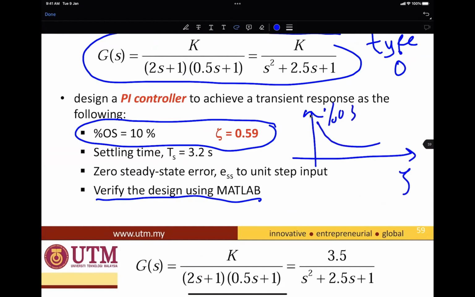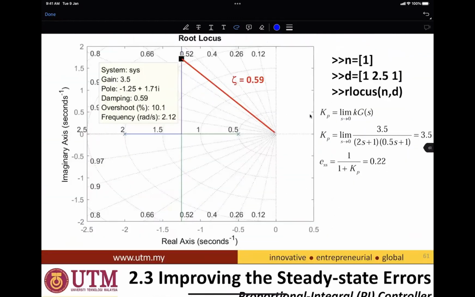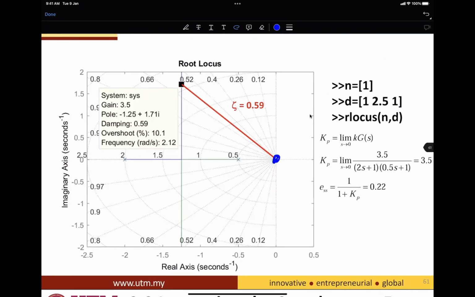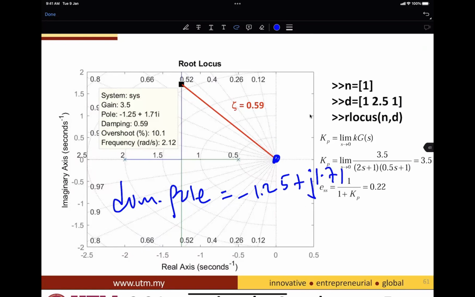So as usual, put your protractor at the origin and then draw a straight line which crosses the root locus at the dominant pole, minus 1.25 plus j1.71.